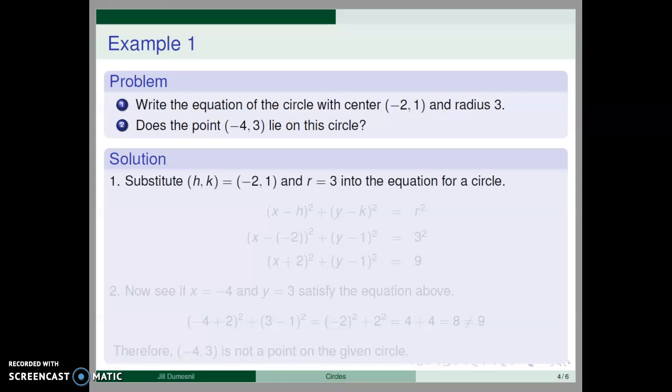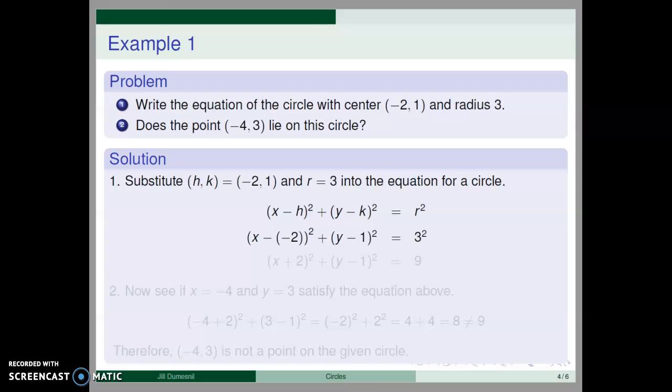For the first part, we can simply substitute (h, k) equals the point (-2, 1) and r equals 3 into the equation for a circle. Writing the equation we are going to use both reinforces our memory of it as well as helps eliminate errors when we substitute.